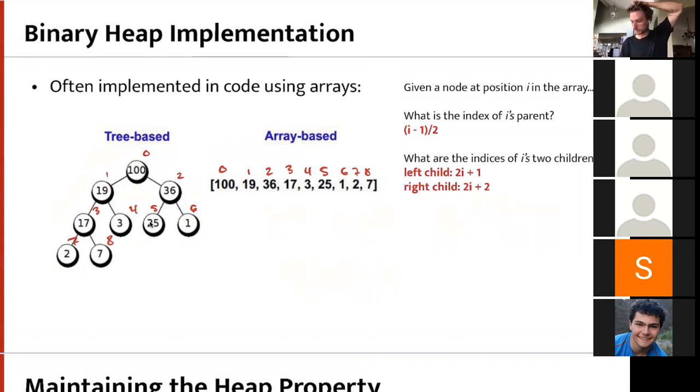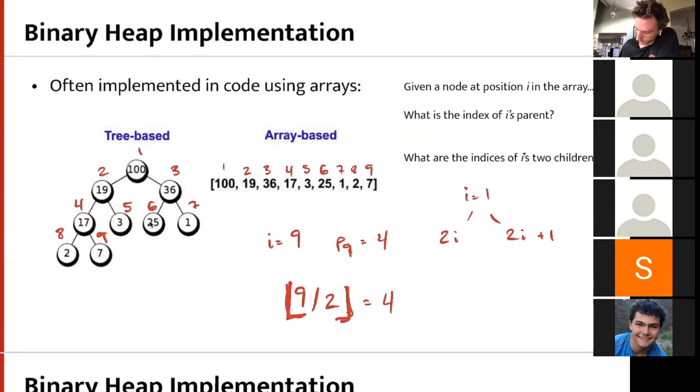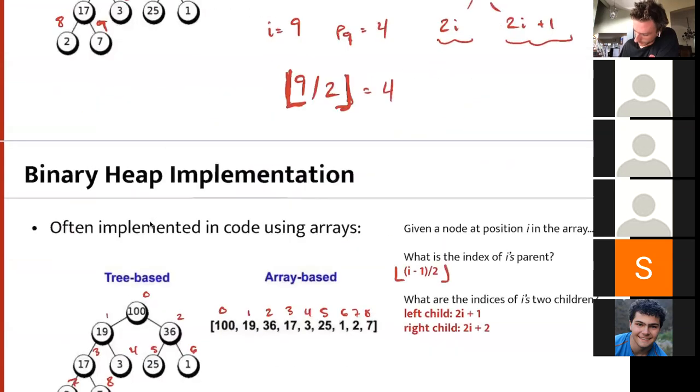But yeah, so this is the 0 indexing case. You just subtract 1 from i and then divide it by 2 to get the index of the parent. And then I believe it should be this. It should definitely be that. And then the indices of i's two children, you just add one to what we found here, right? So add one to that, add one to this, and then you get the two children.